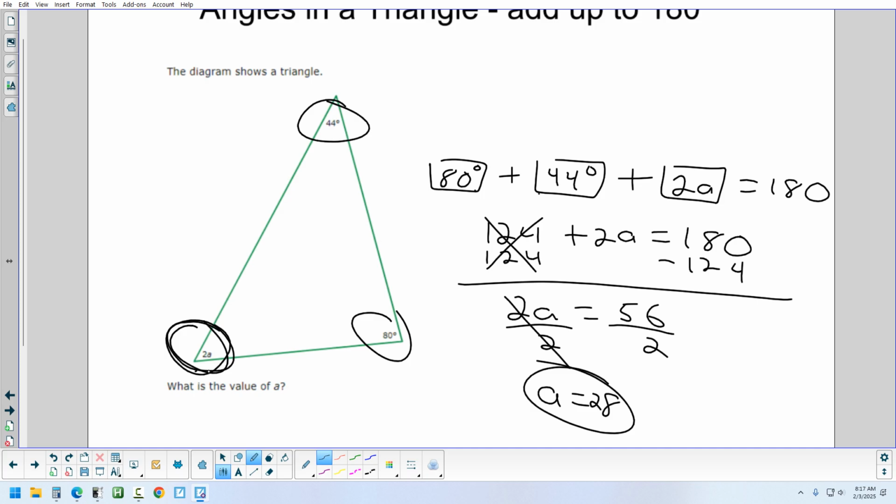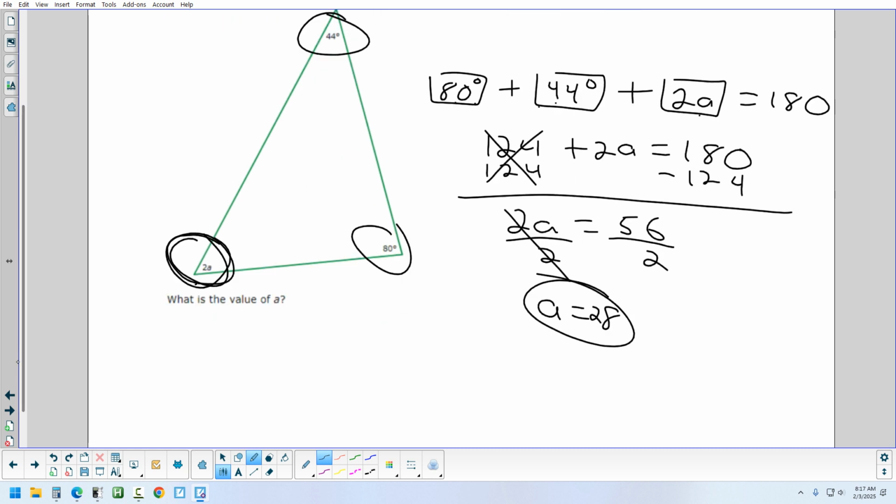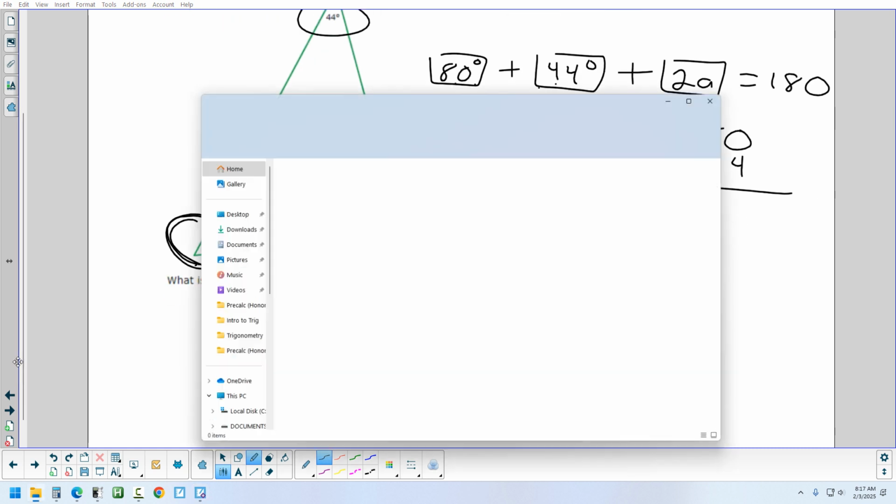So that's how you solve a triangle problem when you have numbers and letters for the angles. They're going to ask you to figure out the letter. Just set up the equation like that. In the three boxes, put each of your angles, and then put equals 180. So let's try that on the next one.